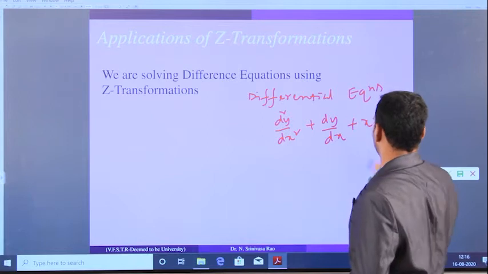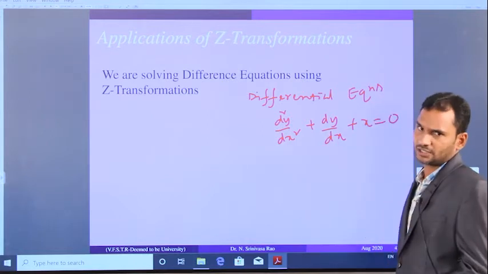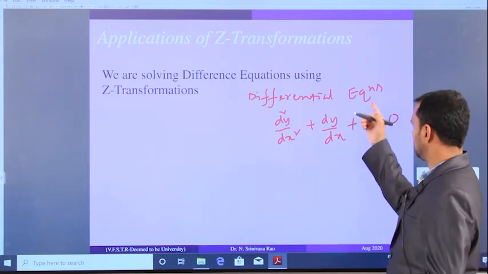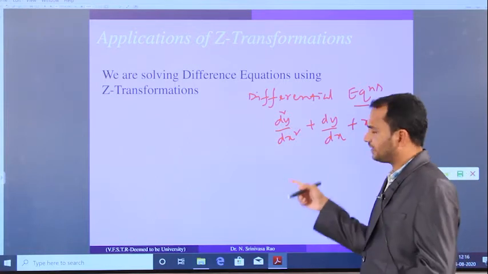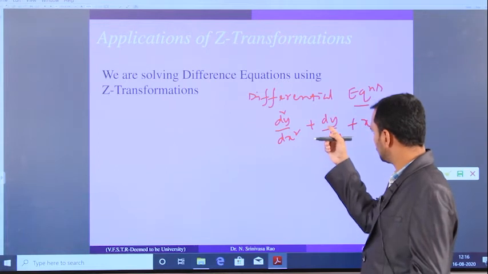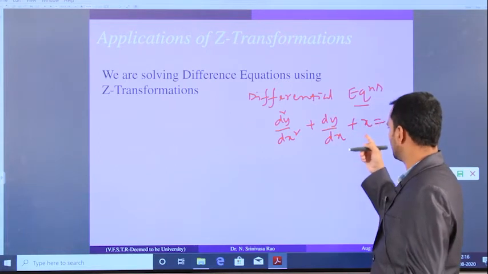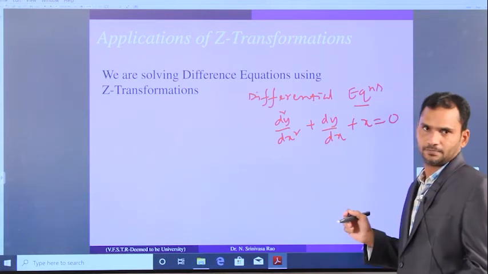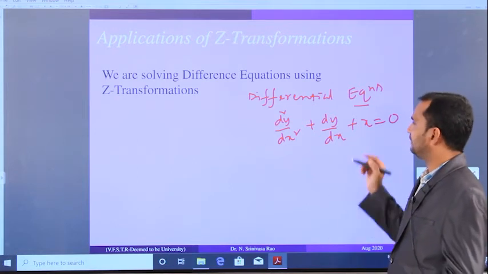This is an example of a differential equation. It contains a second order derivative, plus a first order derivative, plus the independent variable x.